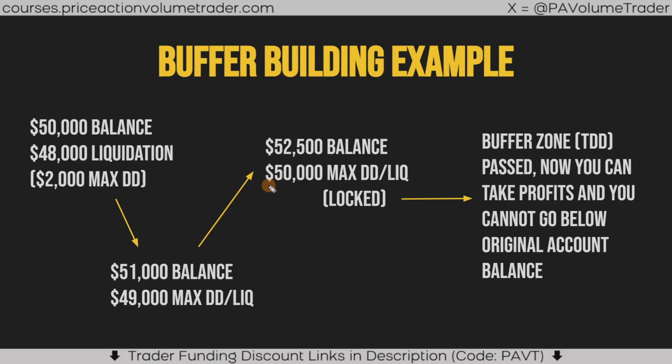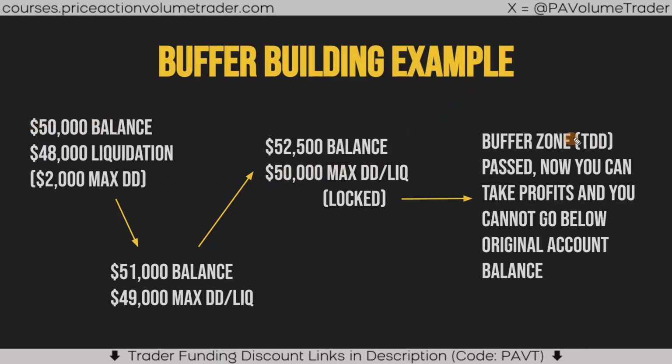Once your maximum drawdown reaches your initial account balance, it is locked into place. That means your account can keep growing and growing, and the liquidation is just going to stay at this base level, the size of your initial account balance.